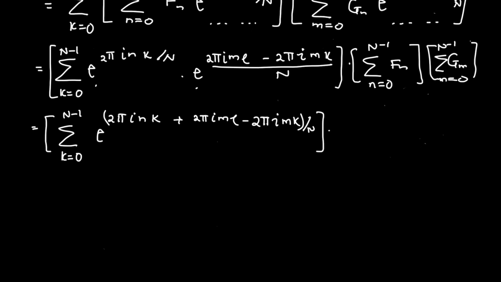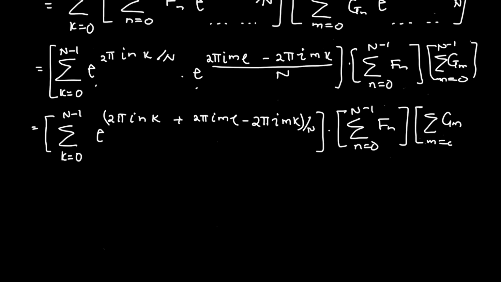Then the sum over n of capital F_n remains the same, and the sum over m from 0 to n minus 1 remains the same.